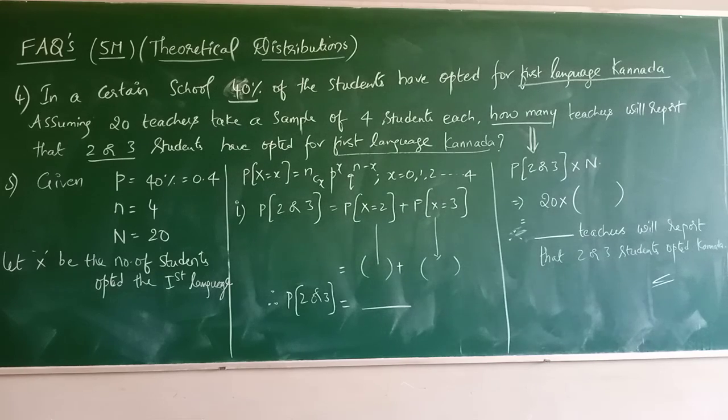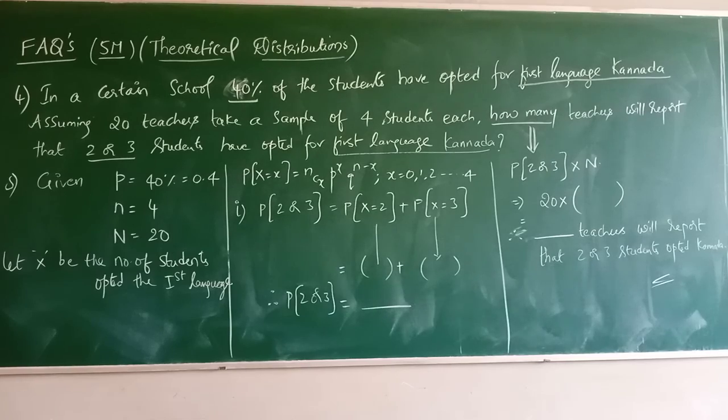So first write down x follows the binomial distribution n comma p. Therefore the probability mass function p of x equals nCx p power x q power n minus x, where x takes the value 0, 1, 2 and so on up to 4. 2 or 3 students, that means p of x equals 2 plus p of x equals 3.